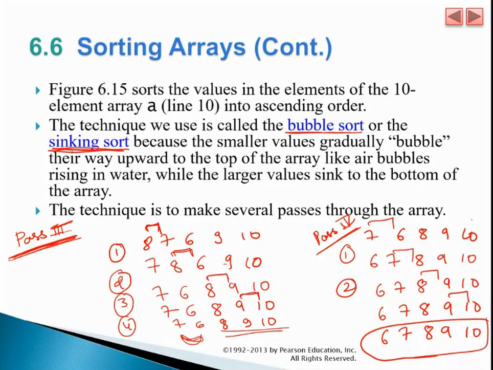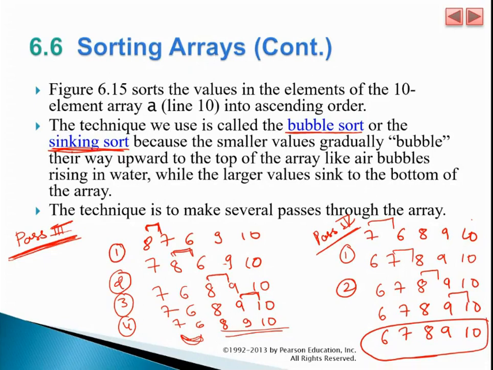That's it. So if there are n elements, n minus 1 passes are required, and within each pass, you have to run a loop for n minus 1 times to compare two consecutive elements. And this is the simplest sorting algorithm that you can have a look at.